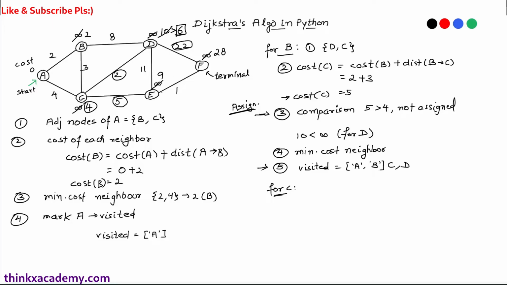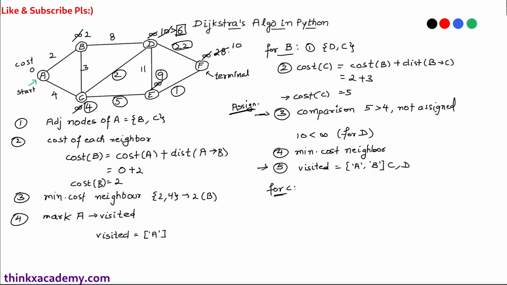Now we have to find out which one of them is minimum. You can see E is minimum. So I'm going to evaluate E now. E has only one neighbor, which is F. The cost will be 9 plus 1, which is 10. And 10 is less than 28. So we are going to reassign the value of F to 10. This is the terminal.